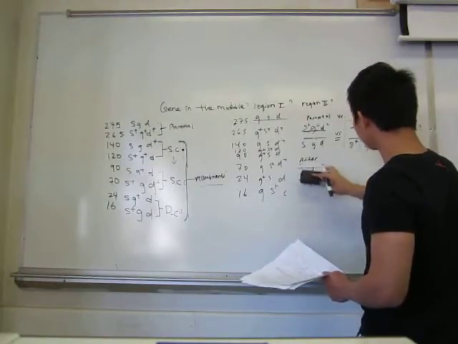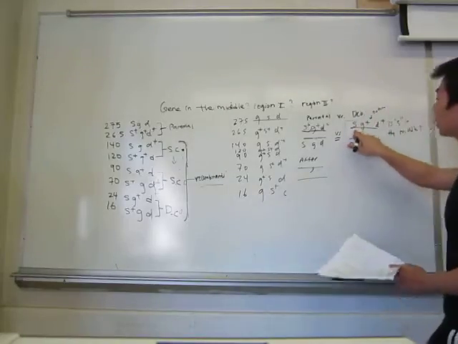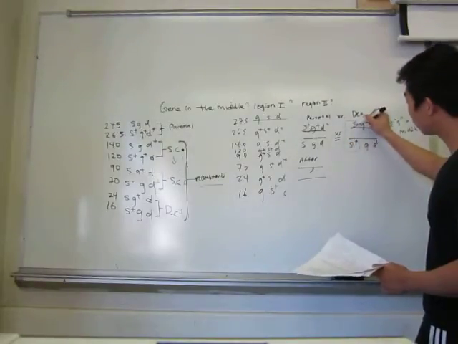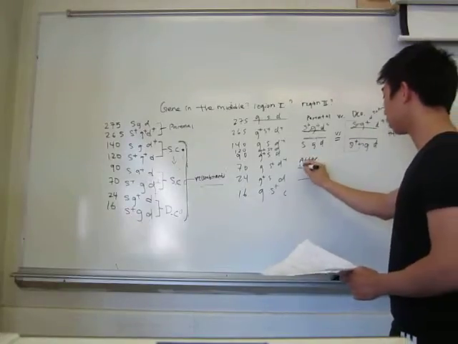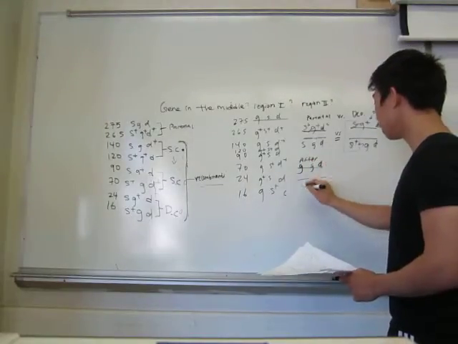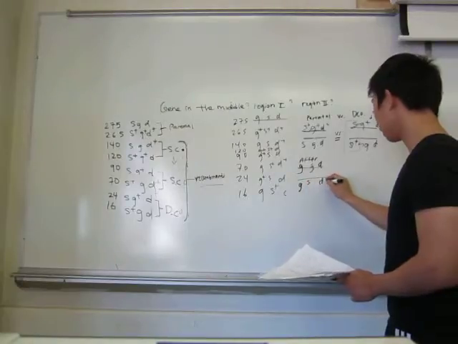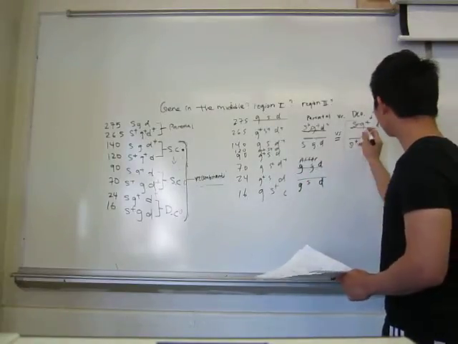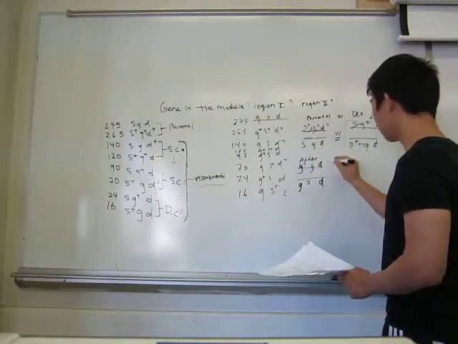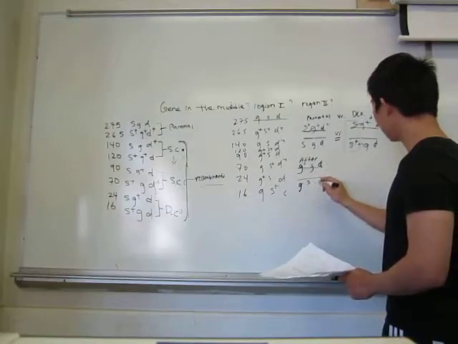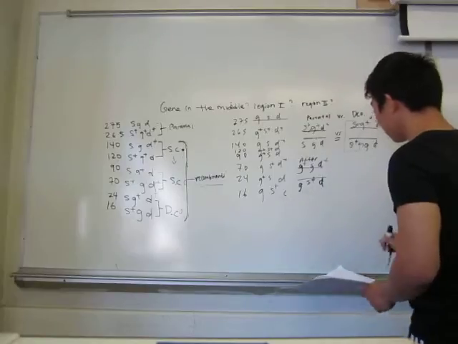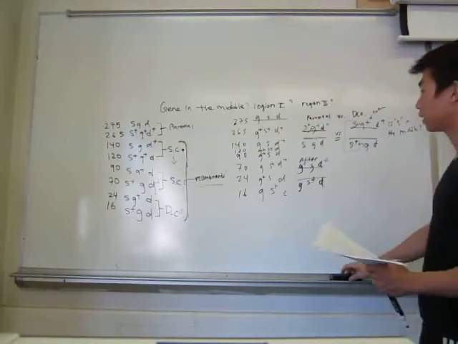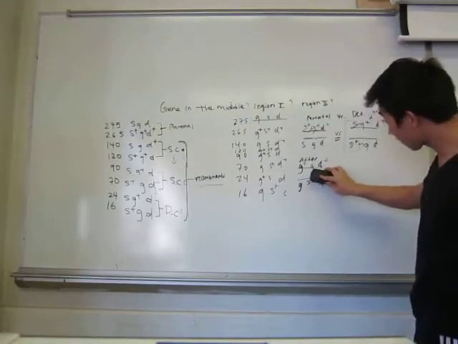I'll take S, draw the arrow, switch it. So G, S, D, G, S, D. So now you have G plus, S, and D, then G, S plus, and D. That's how it would end up.